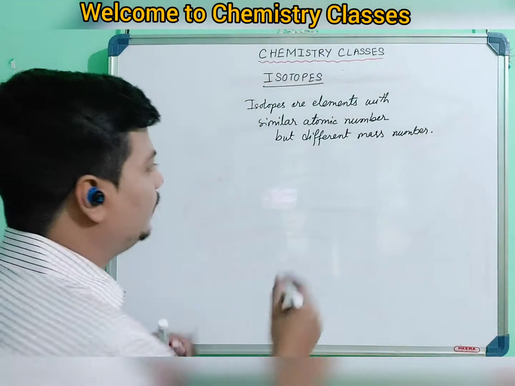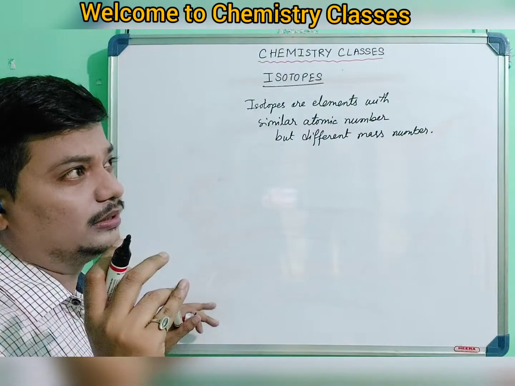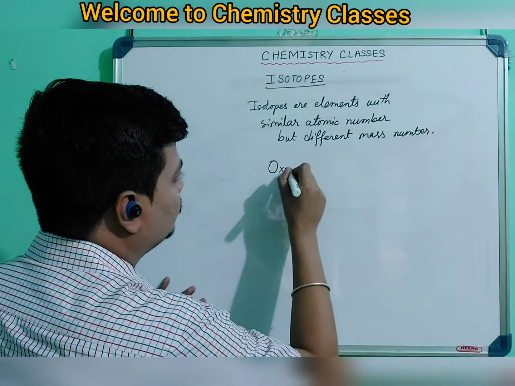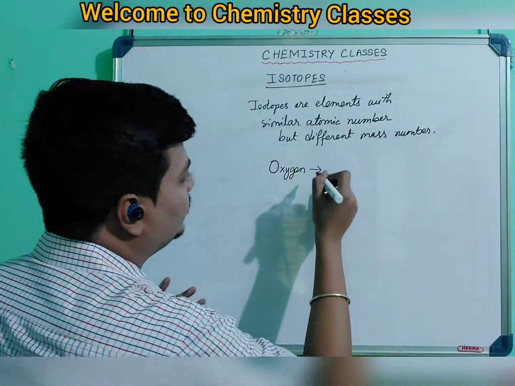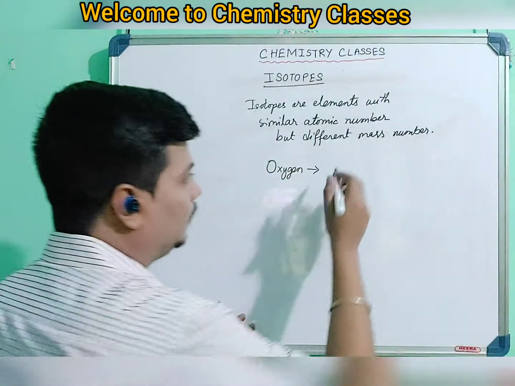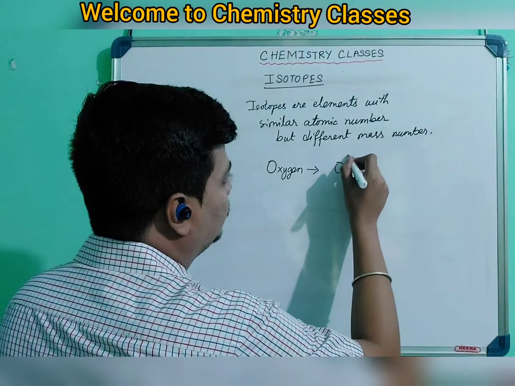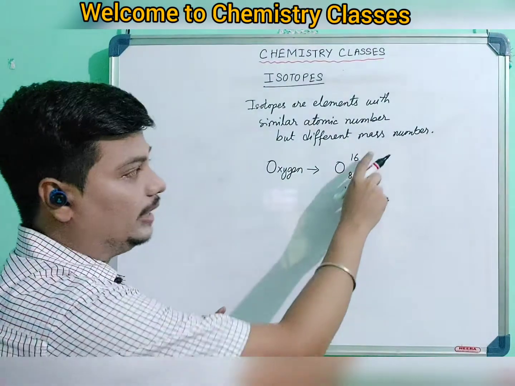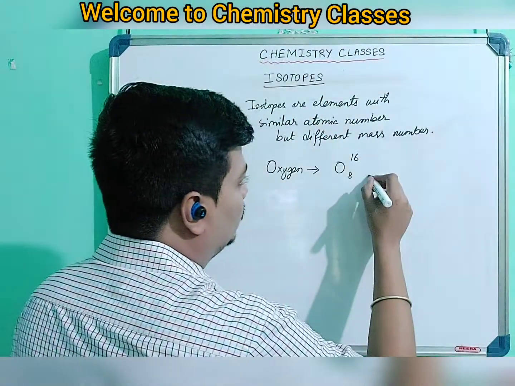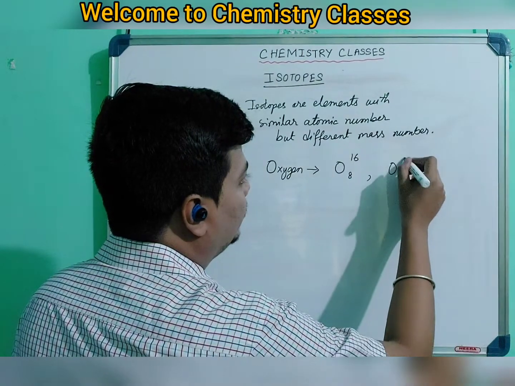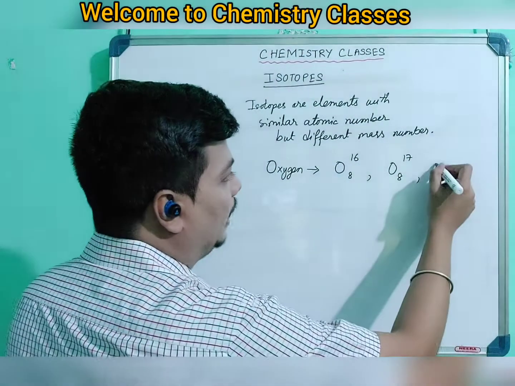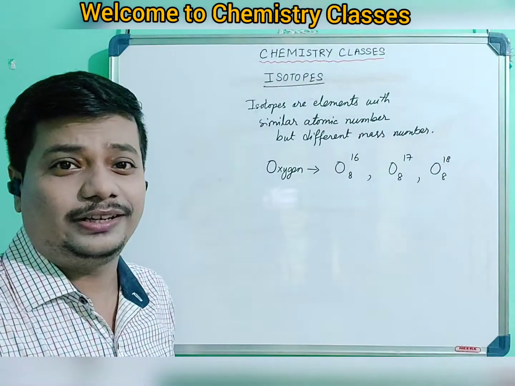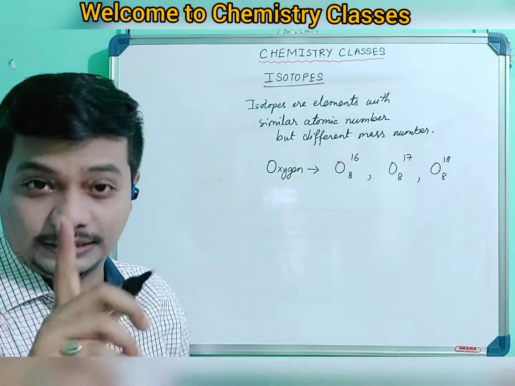Like, for example, I'm giving you the example of the very basic one, that is oxygen. Oxygen has 3 isotopes. One is oxygen 8, 16. This is the atomic number and this is the mass number. The next ones are 8, 17 and 8, 18. Are you wondering whether this exists or not? Yes, it exists.